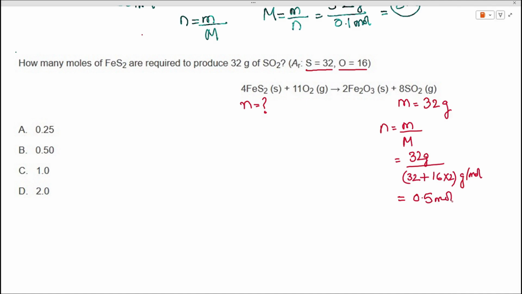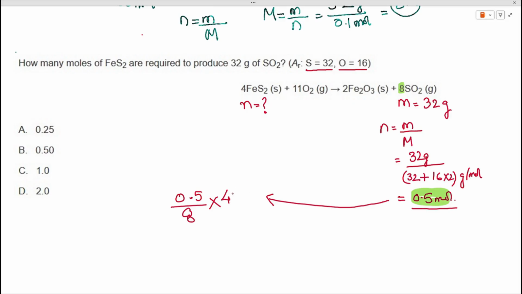So this will give us 0.5 moles. As we have been able to calculate the number of moles of sulfur dioxide given to us, now to figure out the number of moles of FeS2, we'll take the shortcut again as used in the previous question. So we'll take this 0.5 moles of SO2, divide by its own coefficient, which is 8, and now multiply by the coefficient of FeS2, for which we have to find the number of moles.